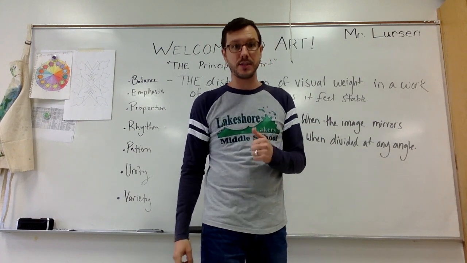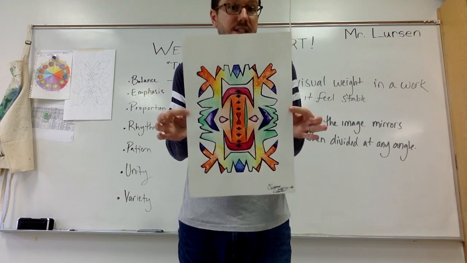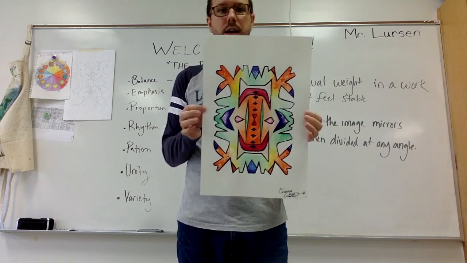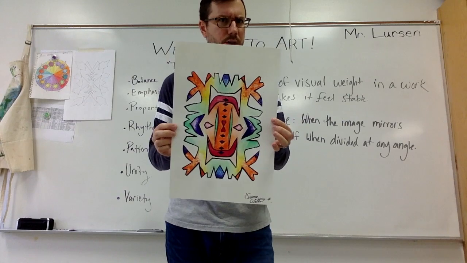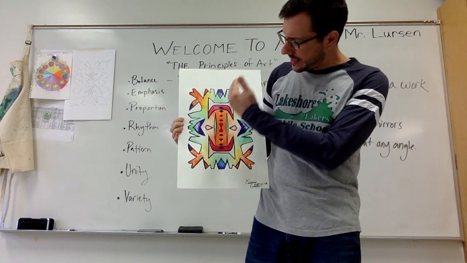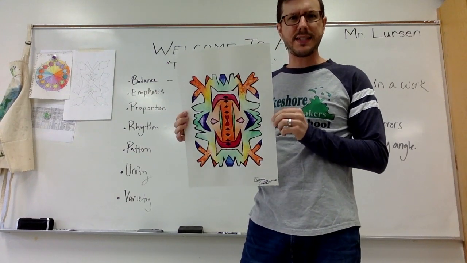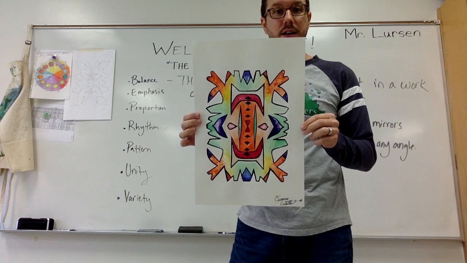the actual assignment. This is an example of this finished painting by Sierra Watts, current 8th grader, and she designed this kind of tribal, bold, strong, symmetrical image and then painted it in.